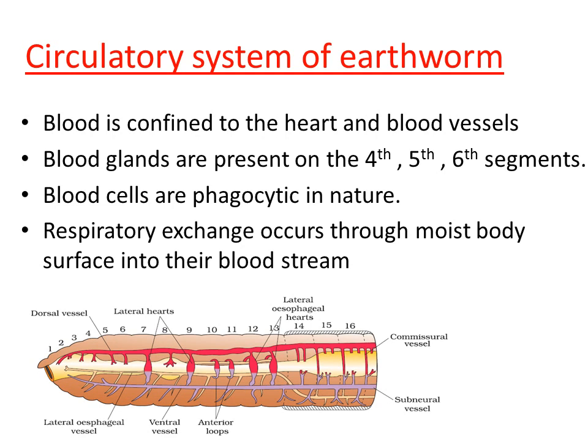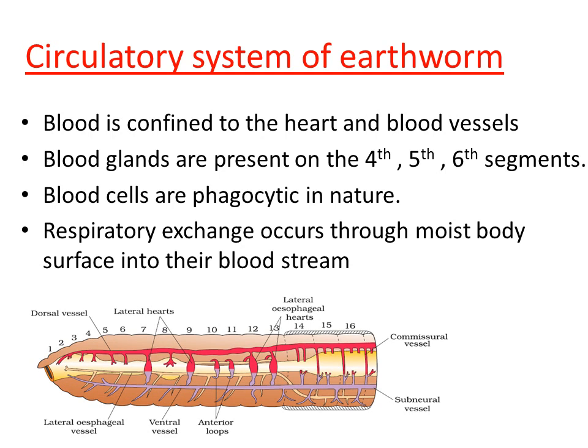And when the oxygen enters into the body, the blood carries oxygen to each and every part of the organism, right? So the respiratory exchange occurs through the moist body surface into the bloodstream. Oxygen enters the bloodstream and the blood carries oxygen to each and every corner of the body, right? So this is about the closed type of circulatory system in case of earthworm.